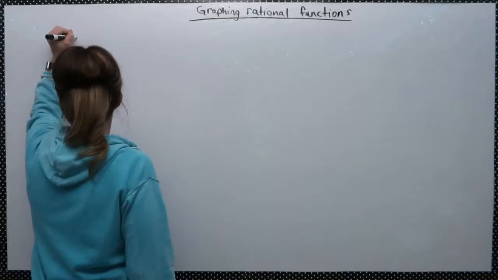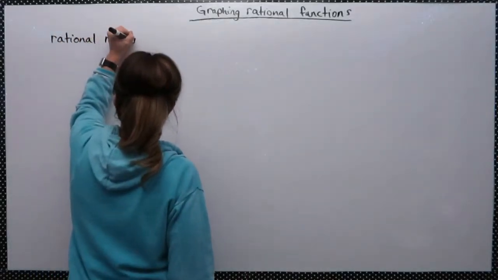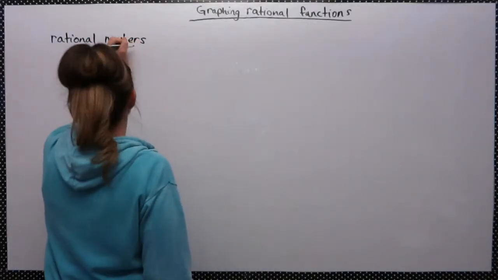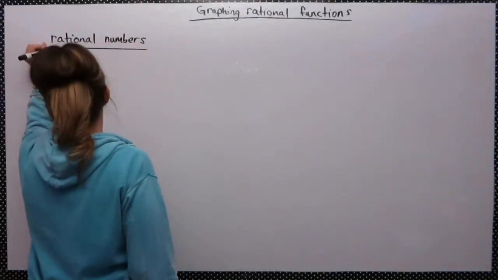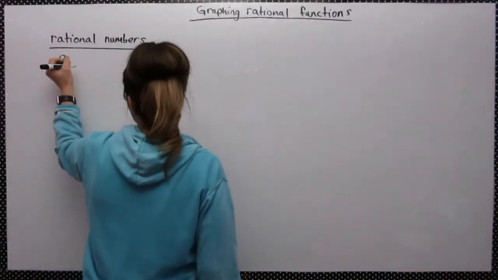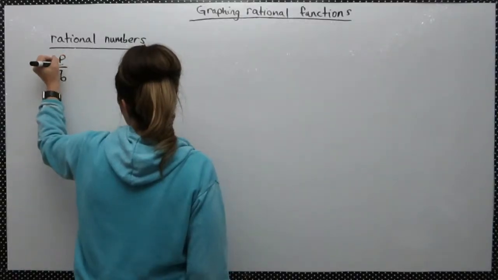Rational numbers basically are in the form of P over Q, so it's essentially explaining all of the fractions. P and Q are integers, and so it's all the fractions.